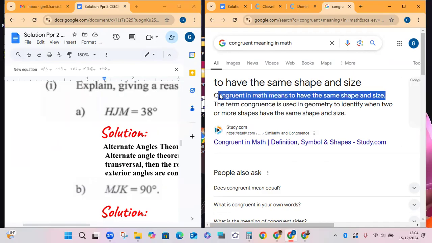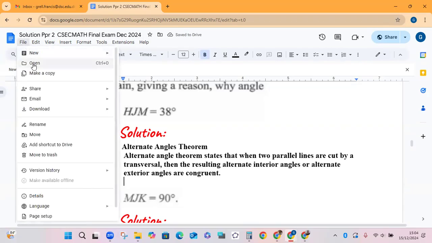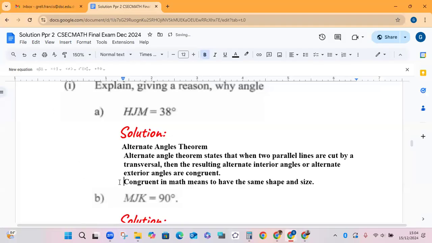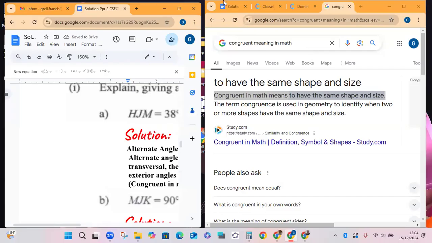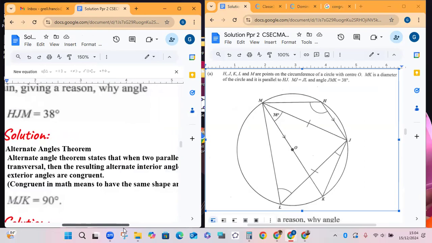So whenever you come across that word congruent, it means to have the same shape and size. So that's the answer for this question. So that's why HGM is 38 degrees.